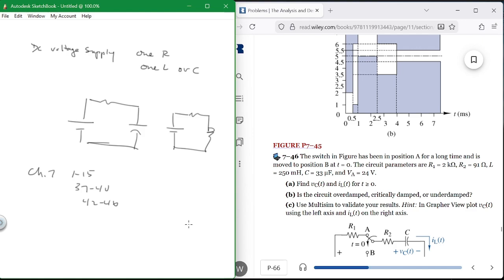We'll go back and look at the rest of them, but 1 through 15 and then 42, and that's it, chapter 7, and you're done, okay?